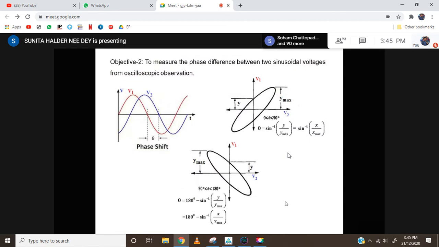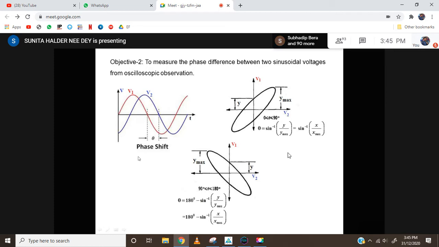Then next is to measure the phase difference between two sinusoidal voltages from oscilloscopic observation. This theory you have already learned in the oscilloscope part of your measurement class, so here I am telling you only the gist. If these two are voltages, then we can give one voltage on the X plate and another voltage on the Y plate and make the oscilloscope in dual mode.